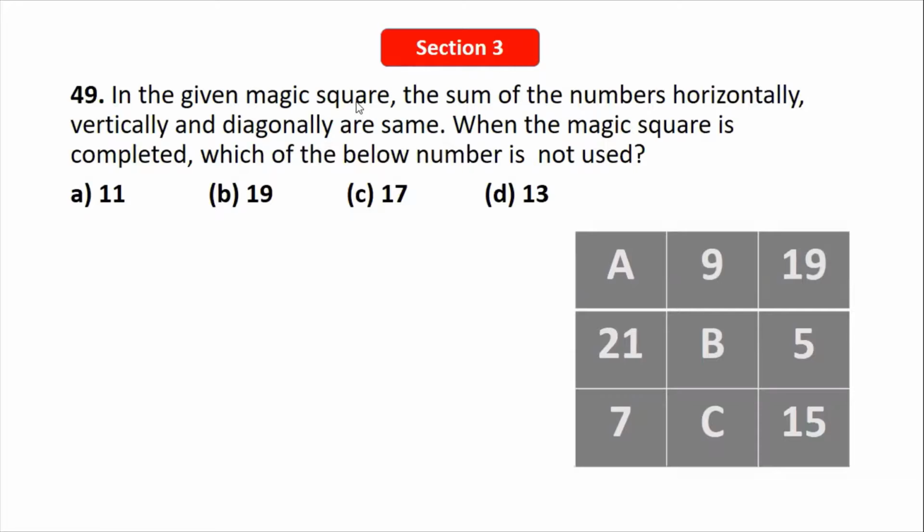In the given magic square, the sum of the numbers horizontally in every row, and vertically, meaning every single column, and also the largest diagonals, are all the same.